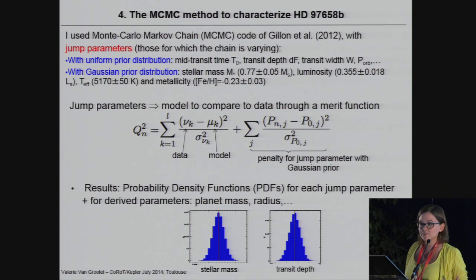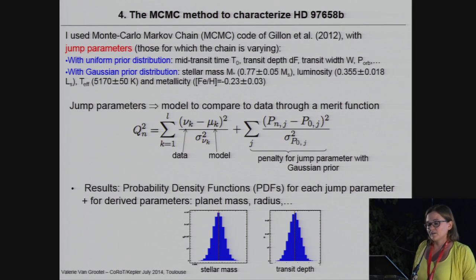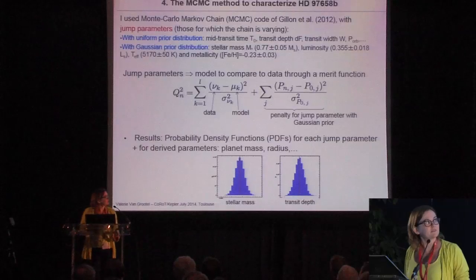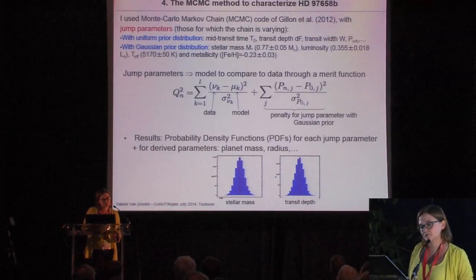It's basically the stellar parameters. From these jump parameters, we can build a transit model to be compared to the data through a usual merit function, plus a Bayesian penalty for jump parameters that have Gaussian priors.